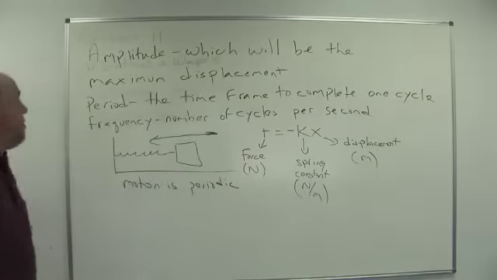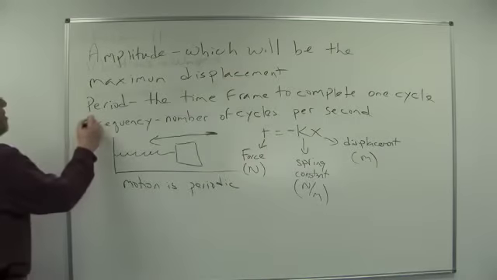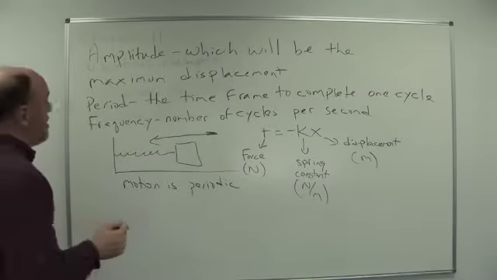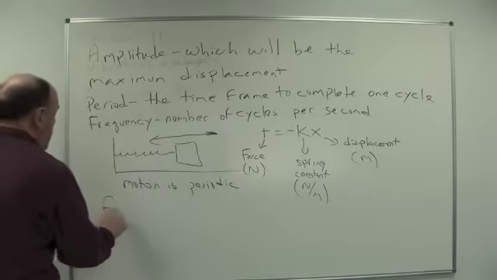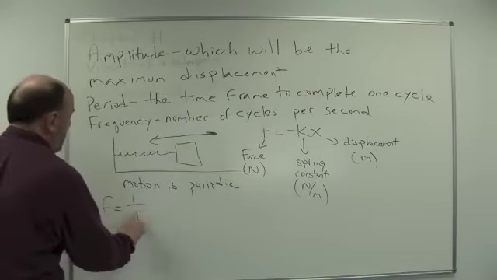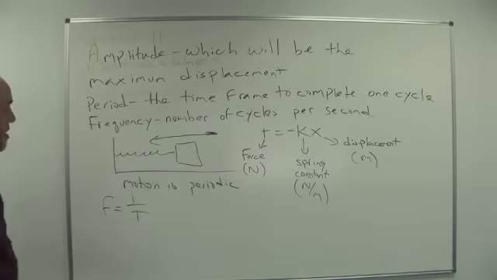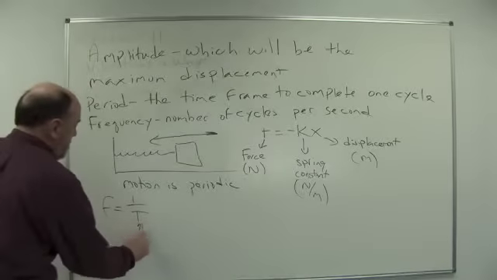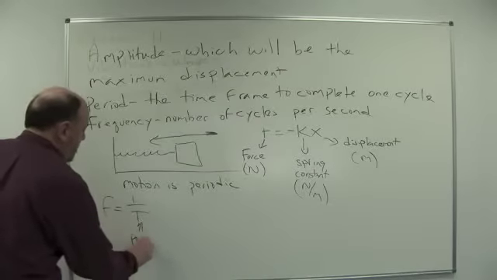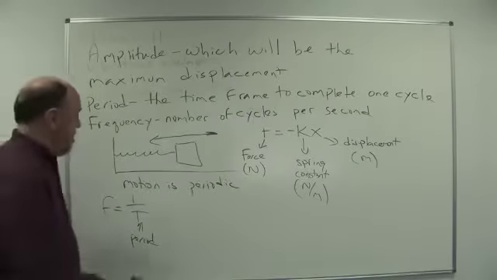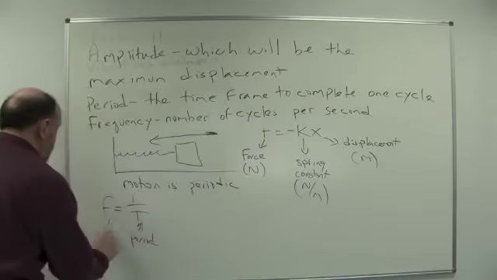And so we've seen before that period and frequency are reciprocals of each other. So the frequency is going to be 1 over the period. And again, the notation used is that T is used for the period. And the units on frequency will be hertz.